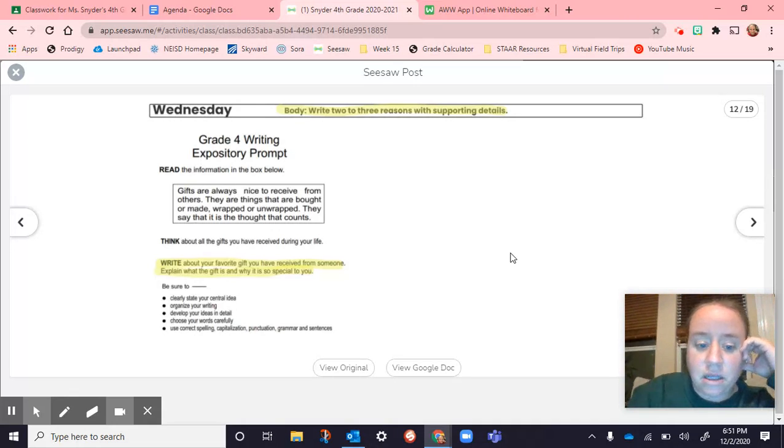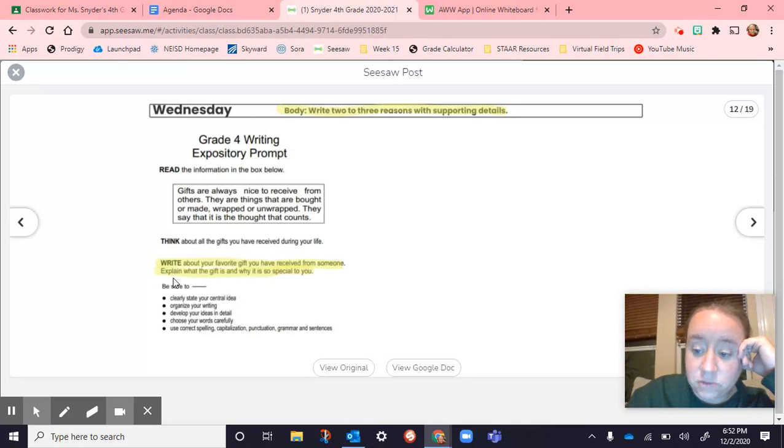So with the body, you have to be very specific to what they want you to write about. Just like with the introduction, we looked very, very closely at what it said in this first sentence. The body, if you look at this second sentence right here, it's very specific about how they want you to respond. So it says, explain what the gift is.